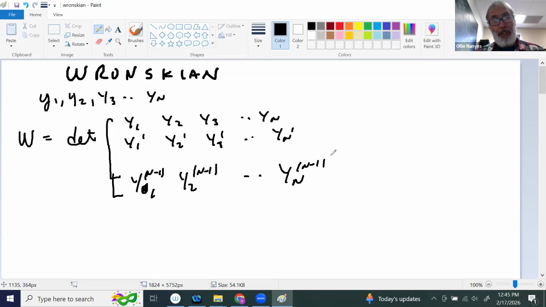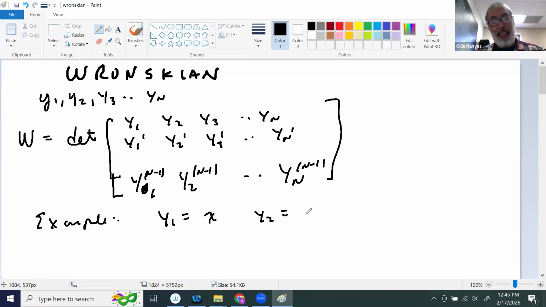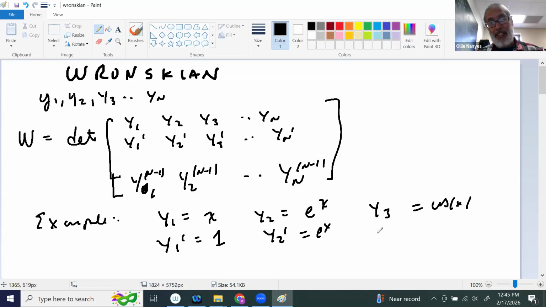And let's do an example so we know what we're talking about. So for example, let's do 3. Suppose y1 is x, y2 is e to the x, and y3 is cosine of x. Then we get y1 prime is 1, y2 prime is e to the x, that never changes, y3 prime is minus sine of x.